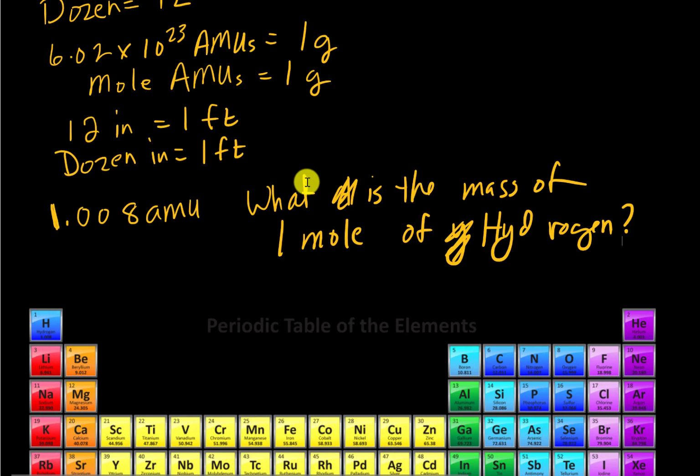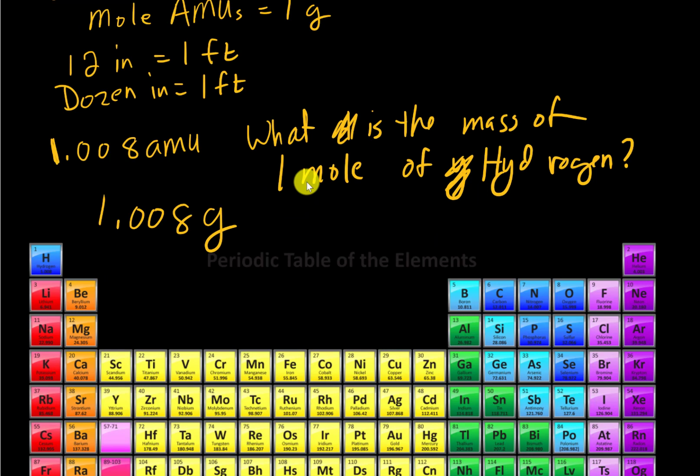So if 1 mole of AMUs is equal to 1 gram, then 1 mole of 1.008 AMUs must be equal to 1.008 grams. Same thing if I had a mass of something that was 12 AMUs, and then I say you've got a mole of that. That might be the element carbon. A mole of something that was 12 AMUs must be 12 grams.